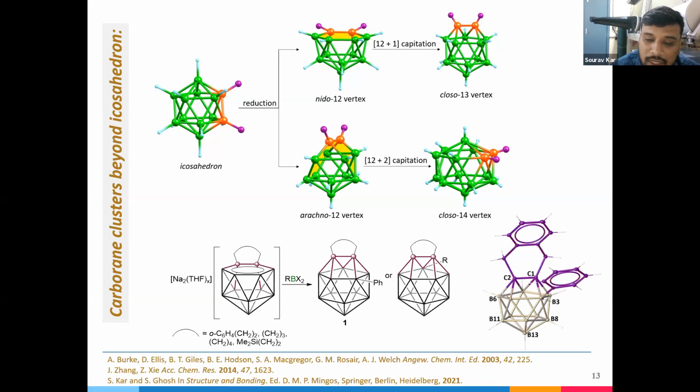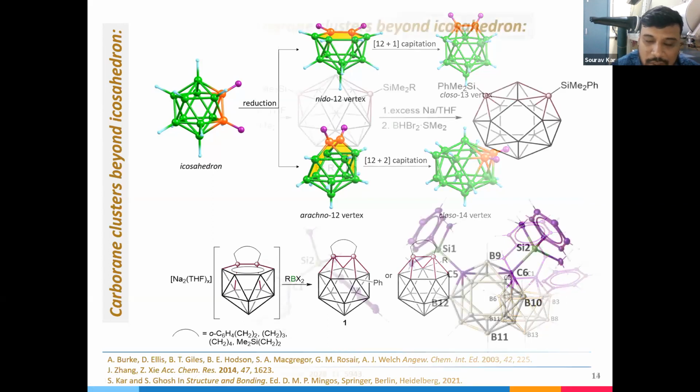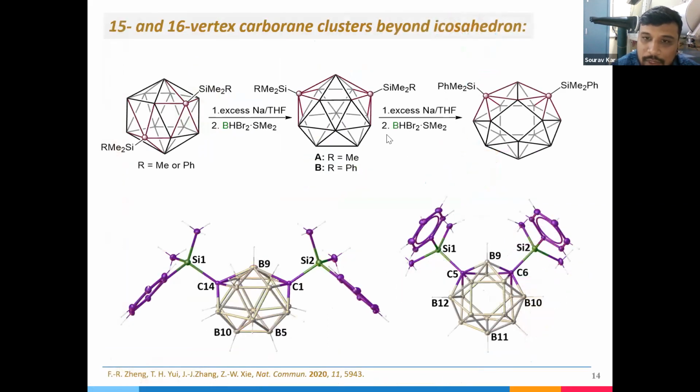And later on, the Welch and Jutzi groups have isolated 13 and 14 vertex carboranes. And very recently, the Jutzi group has come out with 15 and 16 vertex carboranes also. So they have utilized the same reduction and capitation methodology. Here, a boron fragment has been used as the capitation reagent.